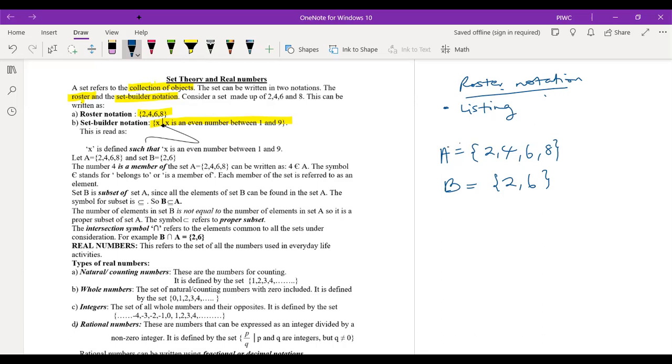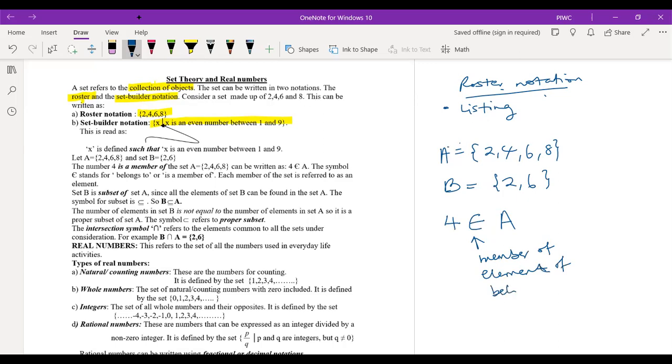And this can be written in this form. 4 is a member of set A. So this symbol here means member of, or an element of the set.